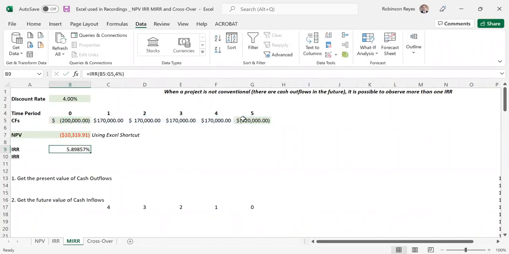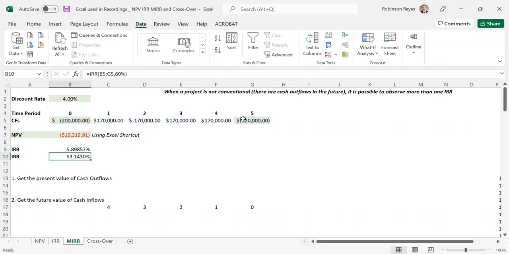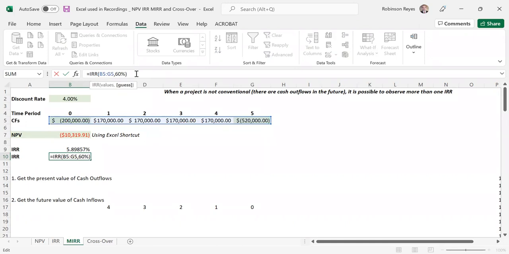Excel will give us the internal rate of return that is closer to our guess. But now let's solve again. Let's give Excel all the values, but let's say I think it's 60%. Then Excel will give me the internal rate of return that is closer to my guess. So that's why we have a guess option here, and we can give Excel our guess.